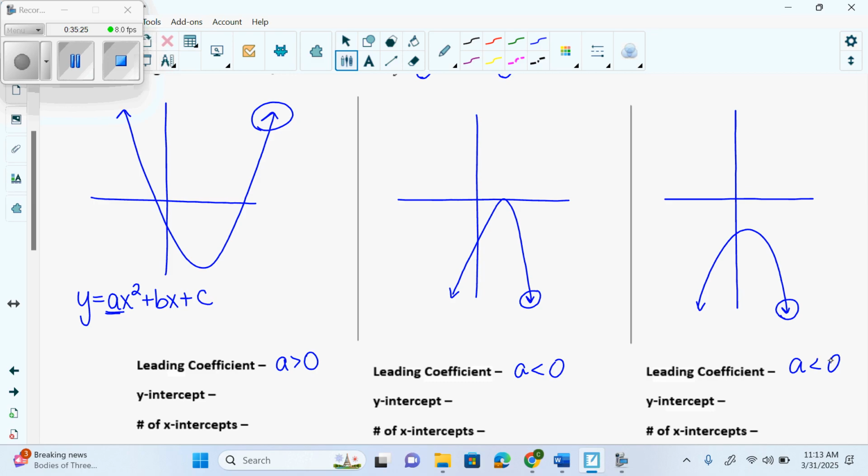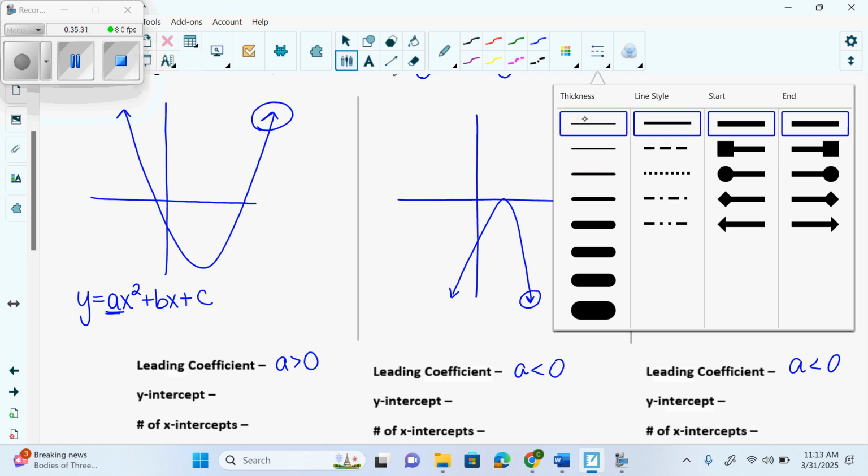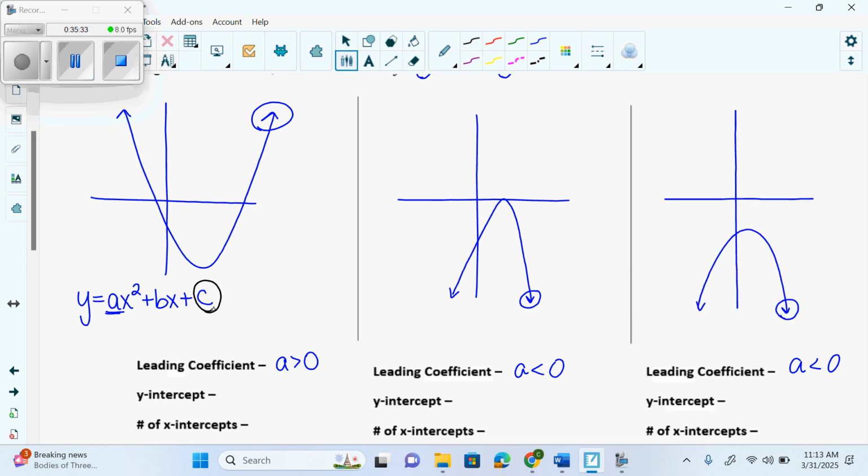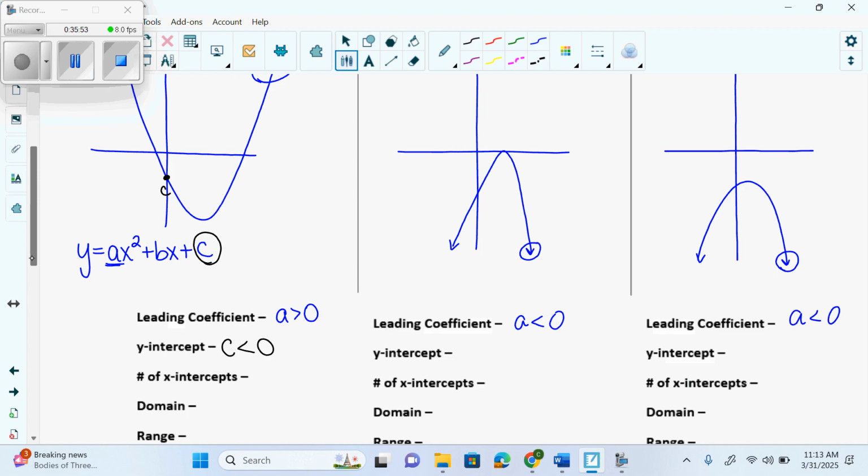Okay, and it wants the y-intercept. So our C value. Because our C value is our y-intercept, right? So what can you tell me about C for this graph? C is what? That's my C, correct? C is negative, which we'd say less than 0, correct? What can you tell me about the C of that one?